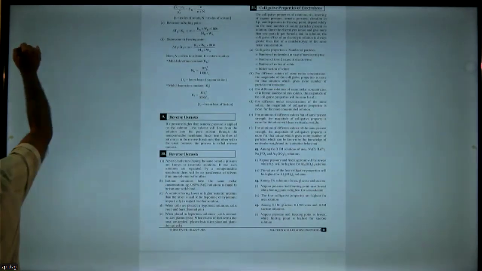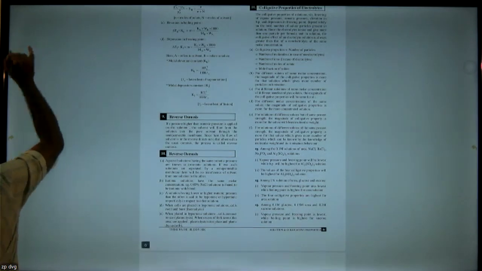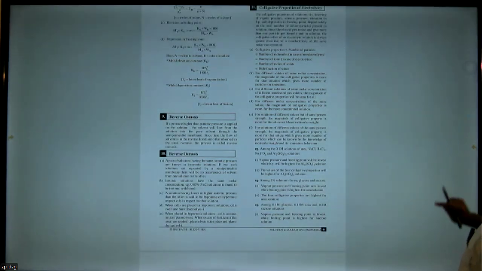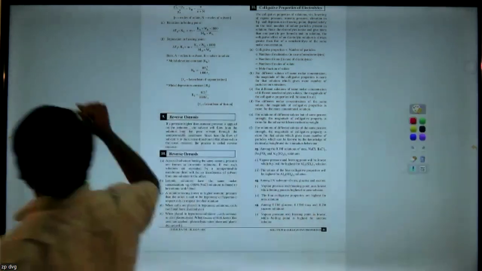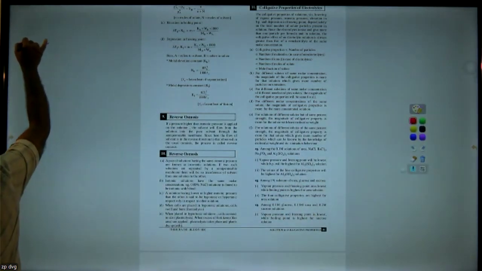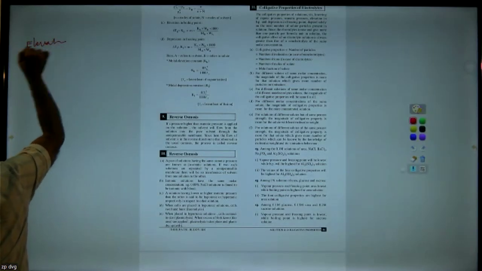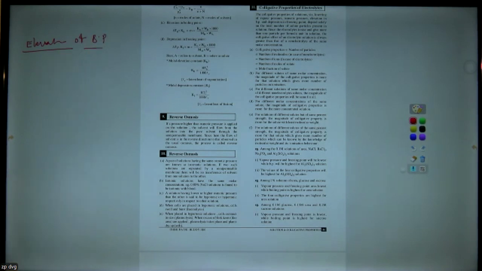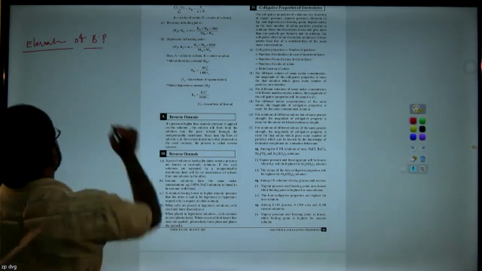We have one more colligative property, that is elevation of boiling point and depression of the freezing point. In elevation of boiling point, what formula can we use?